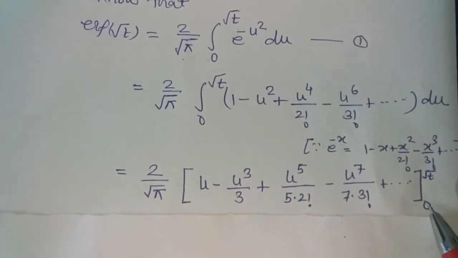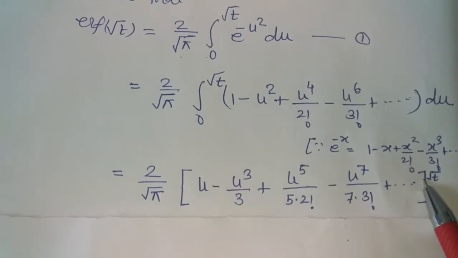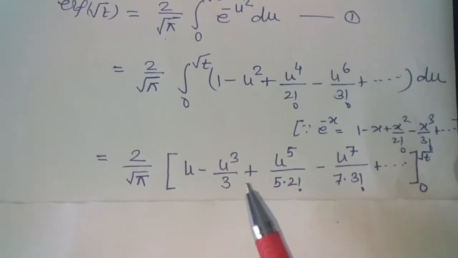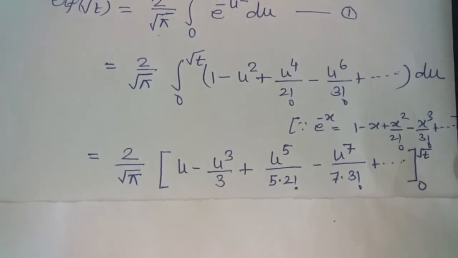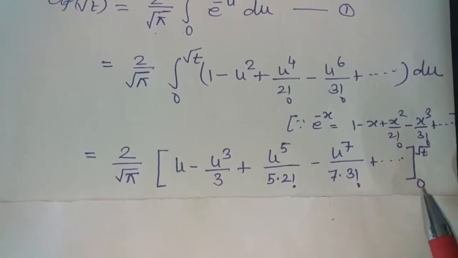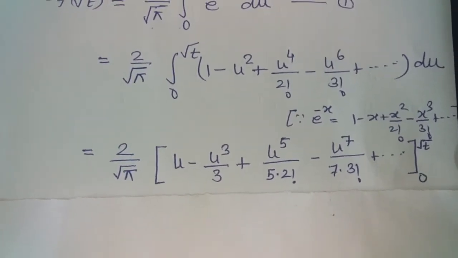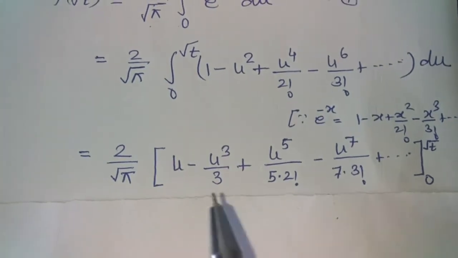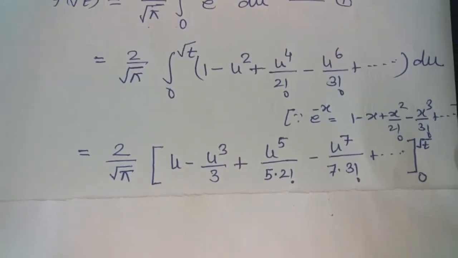The limit of integration is 0 to root t. Now in place of u we put the upper and lower limit. Clearly the lower limit u equal to 0 gives 0.